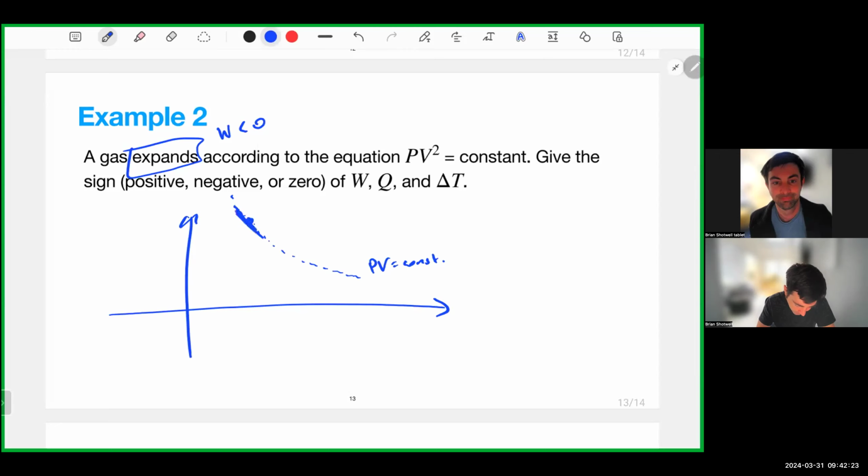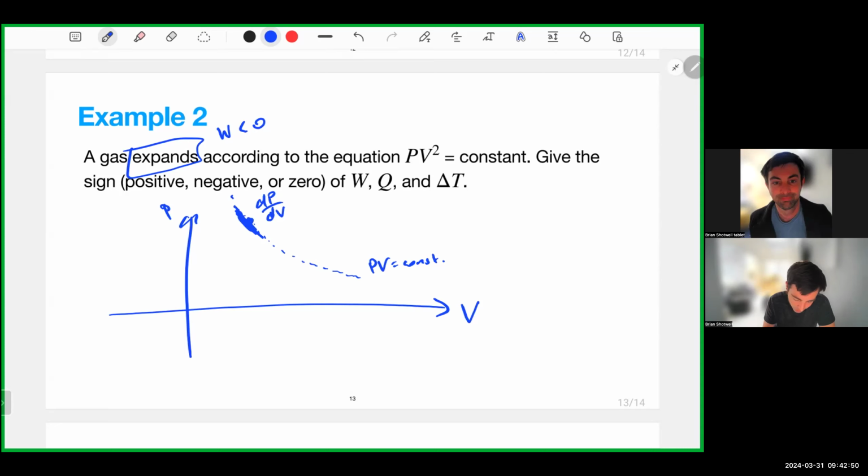For the hyperbola, there's a certain value of dP/dV. First of all, dP/dV is definitely negative here for the hyperbola, and you can show that from the ideal gas law. If P is proportional to 1 over V, then you can show dP/dV is negative, just because when you take a derivative of V to the -1, you get a negative.